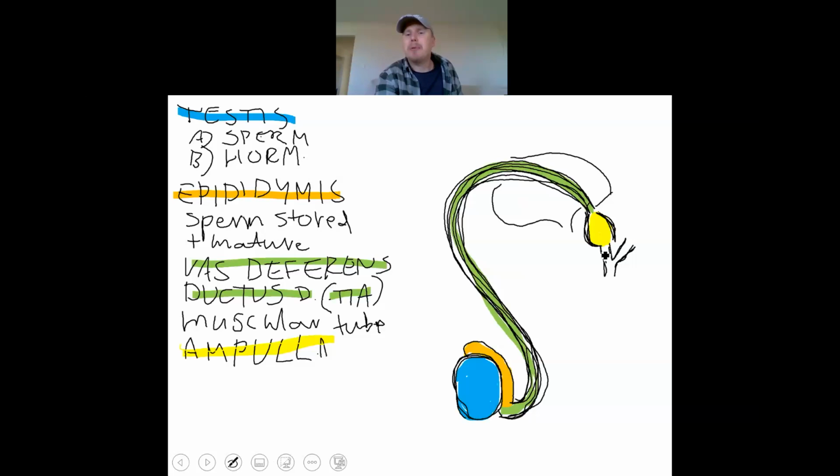But after the ampulla, there's a branch that joins to this tube that's continuing. And at the end of this branch is going to be our seminal vesicle. And of course, these all are not to scale, so it's not as big as the testis, but I'm just trying to have an understanding that there's a gland. So let's add it here.